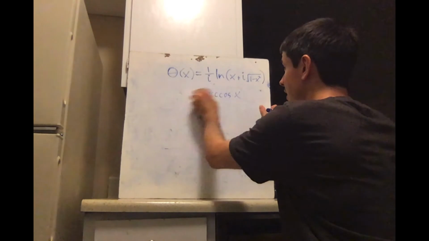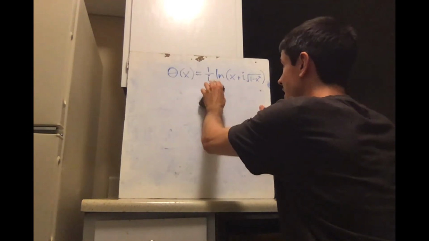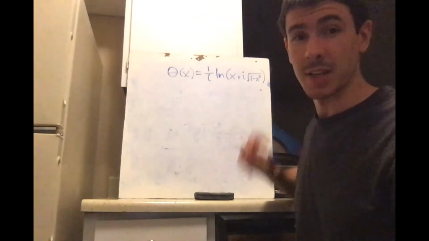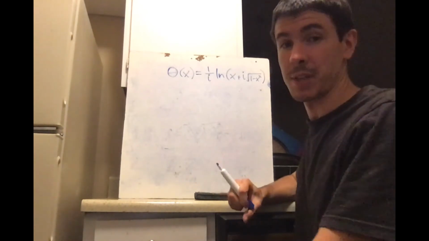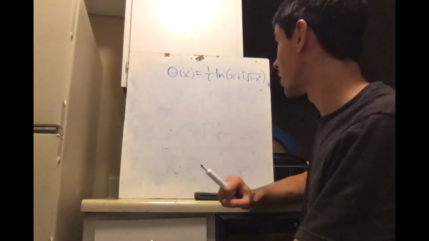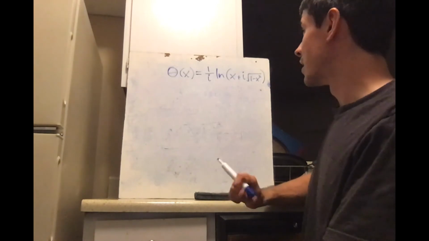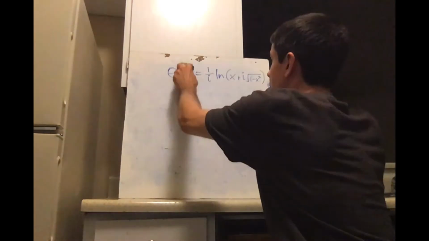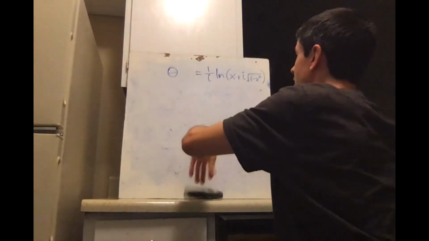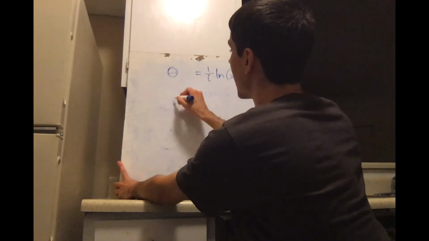And so now let's do the same sort of inversion process that we did with cosh x to get the expression for cosine. So theta equals, well, this. First let's multiply everything times i.